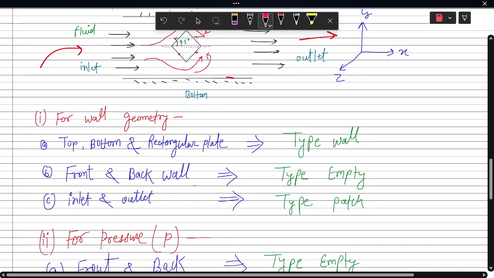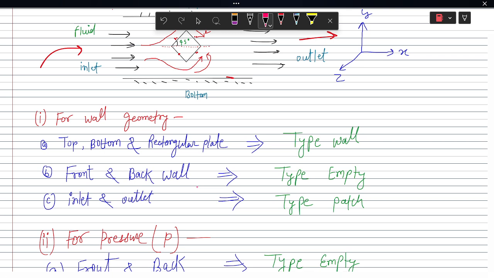First, the wall geometry: the top, bottom, and rectangular plate are of type wall. The second is the front and back wall, which is of type empty. And lastly, the inlet and outlet are of type patch.